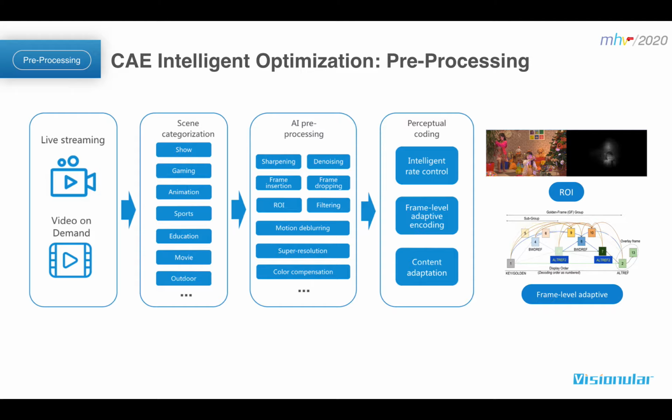We also mentioned frame level adaptive encoding. For example, within the GOP structure, the open source AV1 encoders many times leverage a hierarchical coding structure. Within this GOP structure, there are different layers of frames.